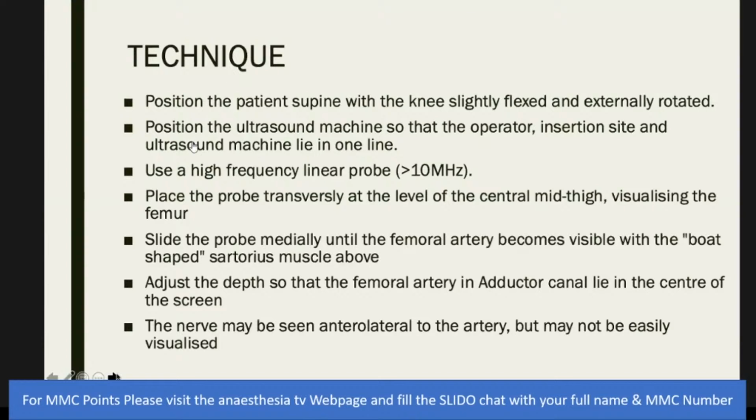Slide the probe medially until the femoral artery becomes visible with the boat-shaped sartorius muscle above. Adjust the depth so that the femoral artery in the adductor canal lies in the center of the screen. The nerve may be seen anterolateral to the artery, but sometimes may not be easily visualized.